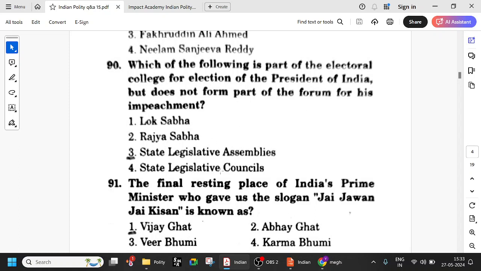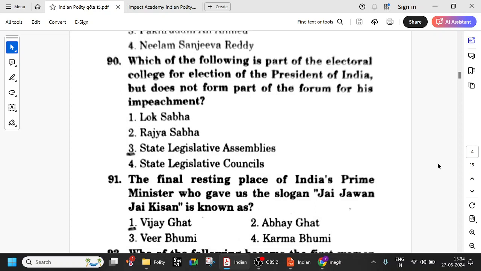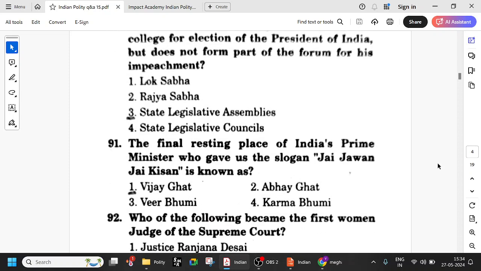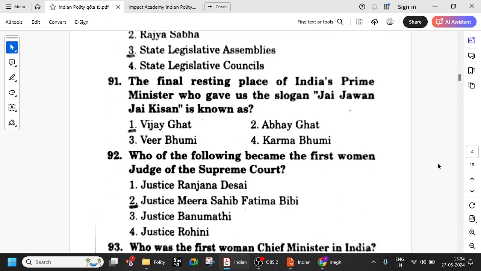No state legislative assemblies or councils or union territories. But when it comes to election of the president, only elected members. The nominated members cannot take part in the election. Only elected members of Lok Sabha, Rajya Sabha, state legislative assemblies, councils, and the union territories also. Where there is an elected member, he is eligible to vote for the election of the president.